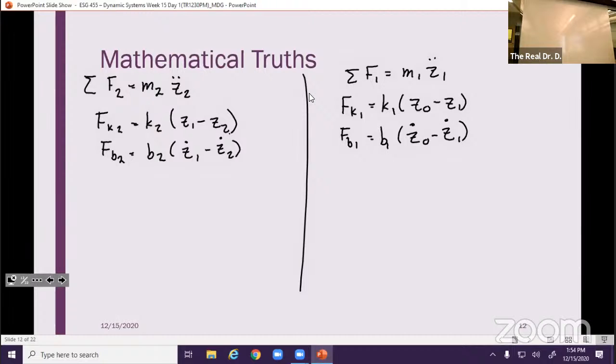I don't want you to leave this class thinking that frequency responses are just for mechanical systems. It's also for fluid systems and heating systems. Those are just such specific types of systems.